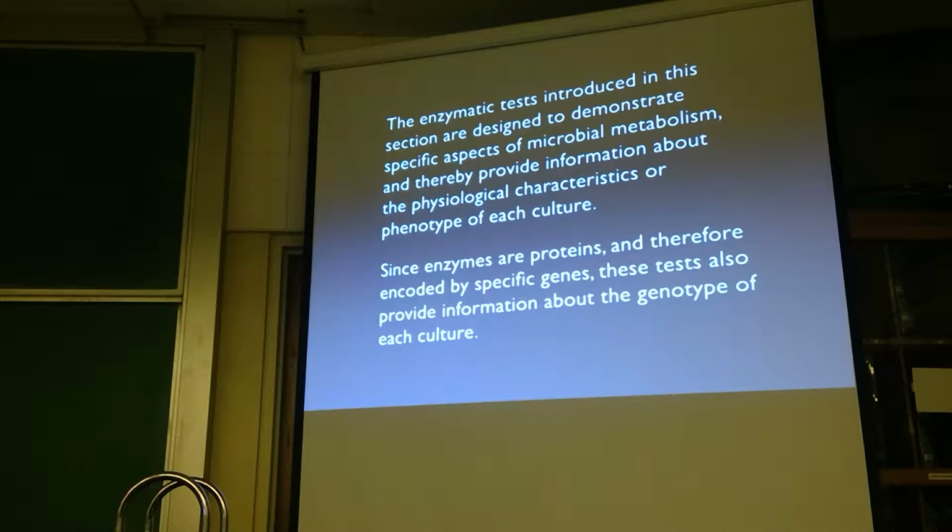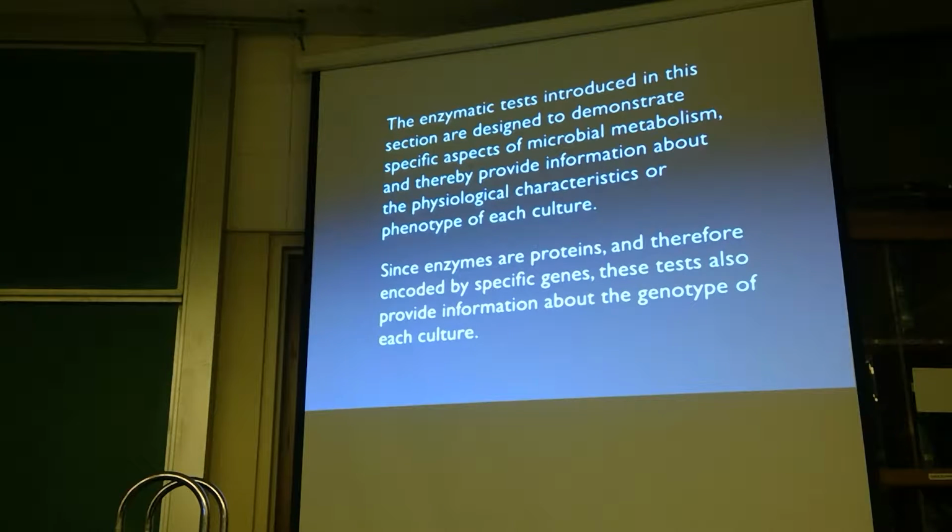How many people are familiar with the terms phenotype and genotype? So very often people think about these as they apply to humans. For humans, phenotype is often something that you can see associated with an individual organism, such as eye color and hair color. With bacteria, phenotype is much more often something that you see because of the metabolic process.